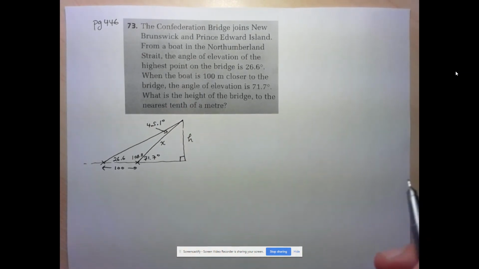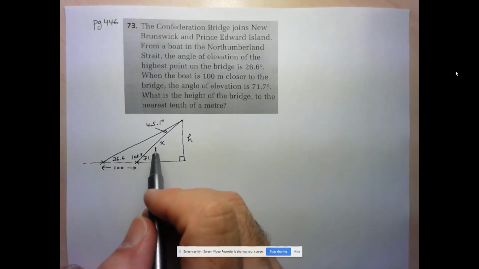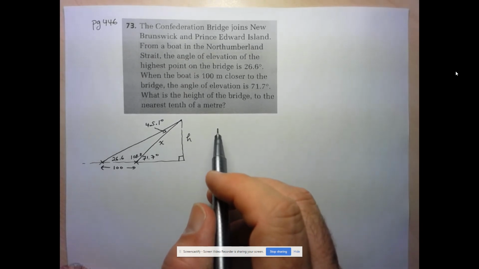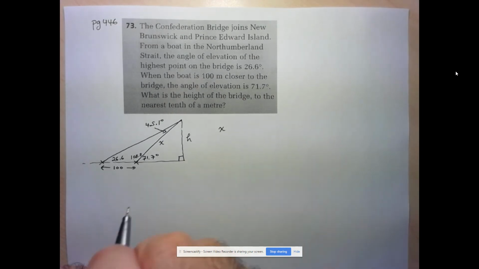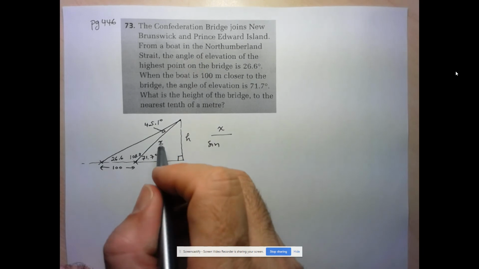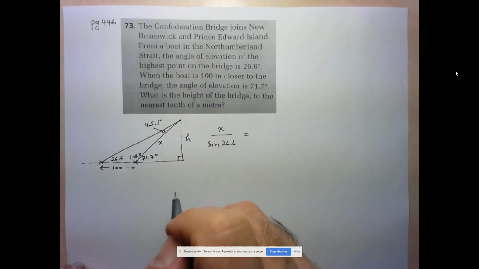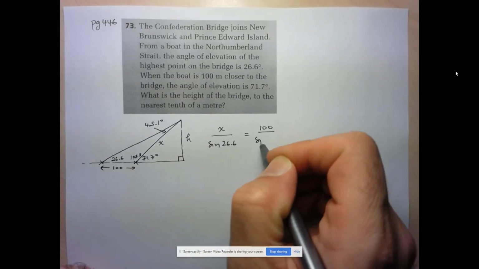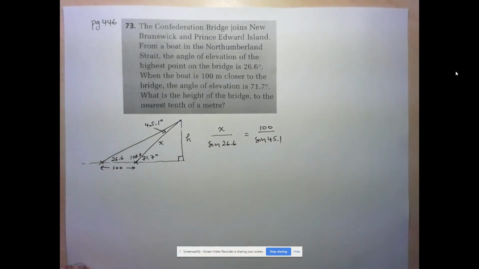So let's now find this value x. Remember, the sine law has two versions: the ones with the side lengths in the numerator, or the ones with the angles in the numerator. Since I'm looking for a side length, I'm going to put that in the numerator. So x over sine of its opposite angle, which is 26.6, is equal to 100 divided by sine of its opposite angle, which is 45.1.